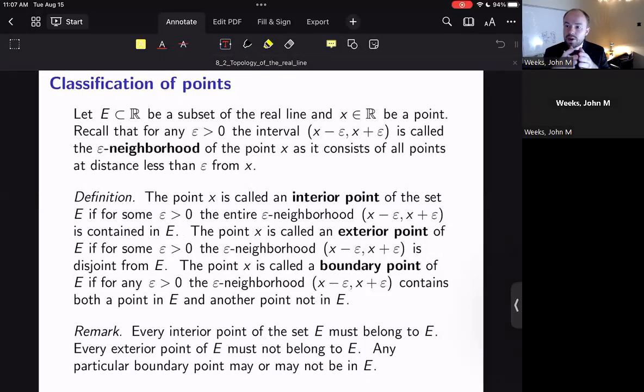That window is going to be eventually less than epsilon. Right, that's our notion of the limit of a sequence.